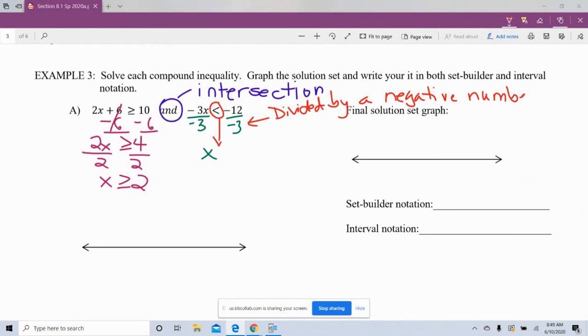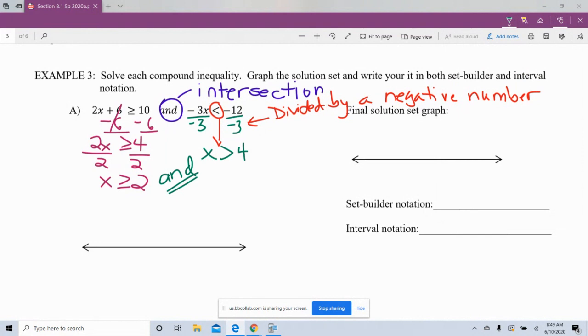And anytime you divide or multiply both sides by a negative number, you have to remember to change the direction of your inequality symbol. You have to reverse it because dividing or multiplying by a negative actually gives you the opposite of what the real solution set is. And -12 divided by -3 is +4. So those are my two solution sets, but remember they do still have that word and in between them, okay?